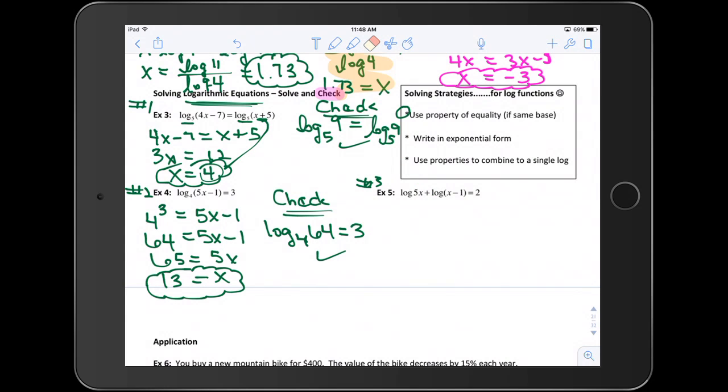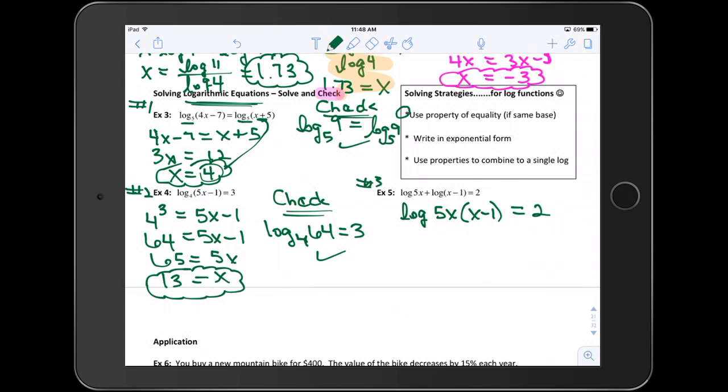So I'm using my logarithmic properties. I obviously say power properties a lot more. So I'm going to combine them. So I have log of 5x times x minus 1. Because of the addition, we know it's multiplication when you combine or condense them. That equals 2.